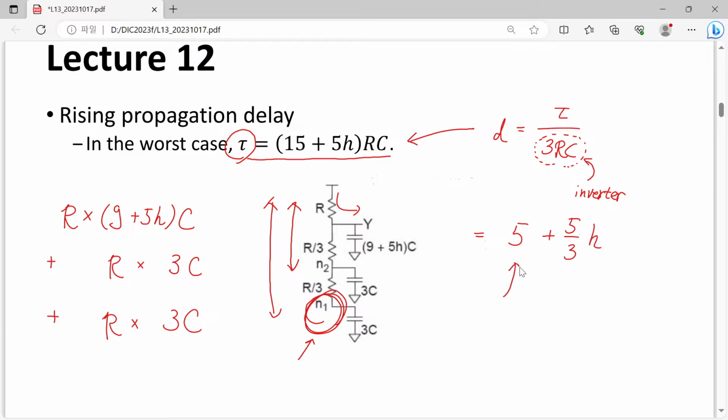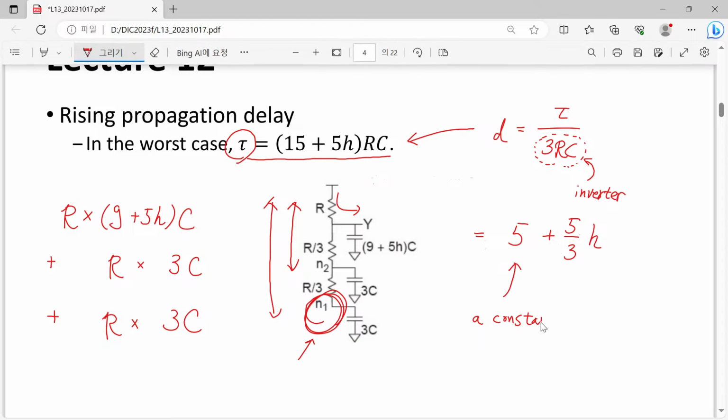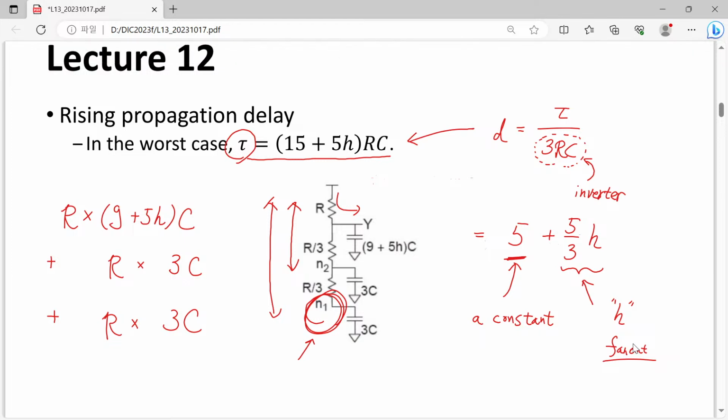One is a constant which does not depend on H, and there is a term which is linearly dependent on H. So what was H? H was fan out. Fan out just describes how many dependent nodes are attached to our driver.